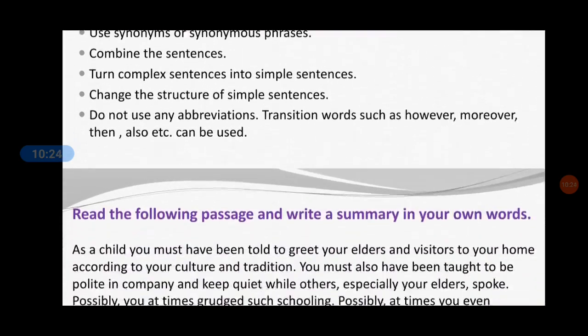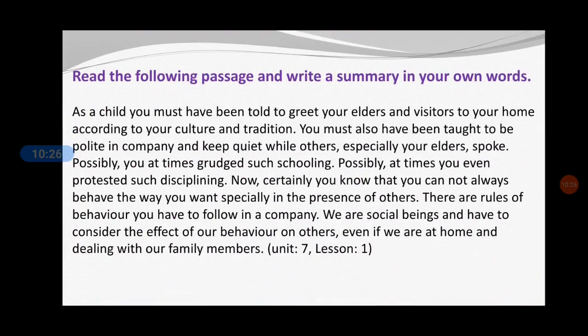So we have known the definition of summary, and we also came to know about the most important elements of summary and also the techniques of summary writing. So let us see how to write a summary from this example. Let us practice this passage to write a summary.